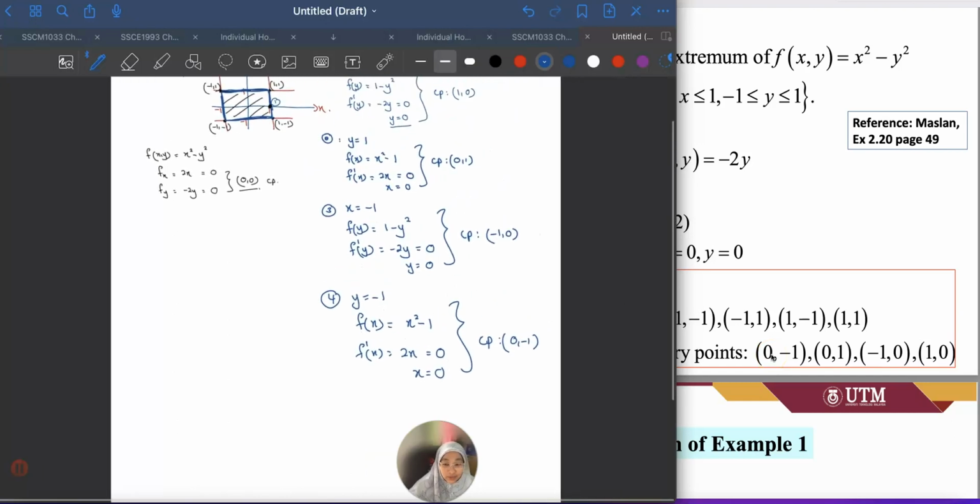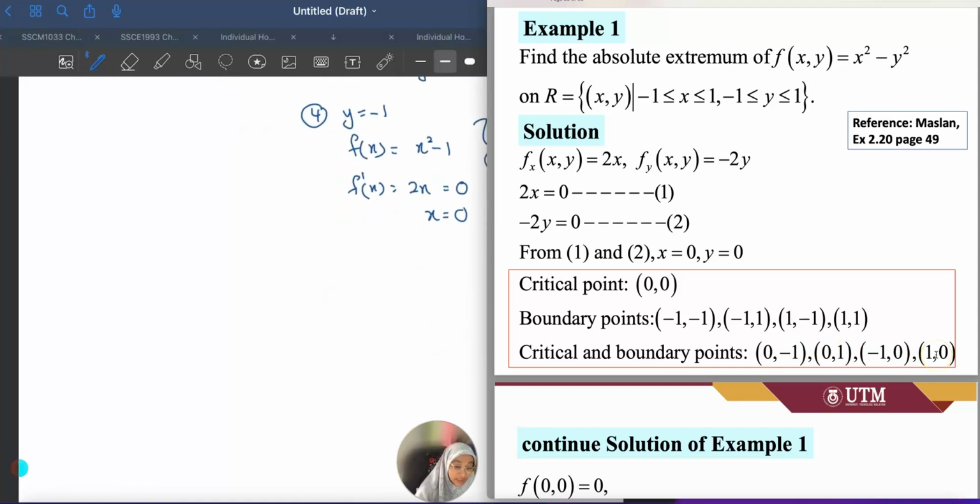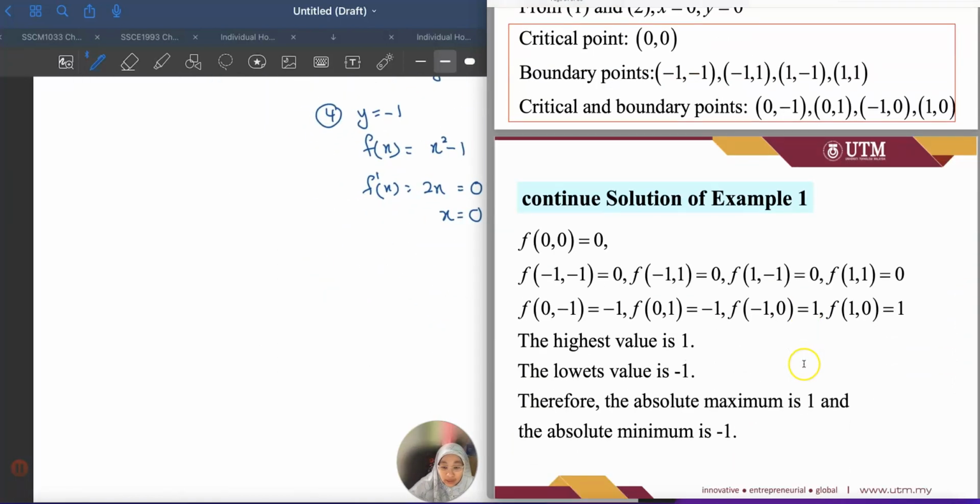Now we list down all the points, which is this one. You have 1, 2, 3, 4, 5, 6, 7, 8, 9. So you have to evaluate the function f for all these 9 points.